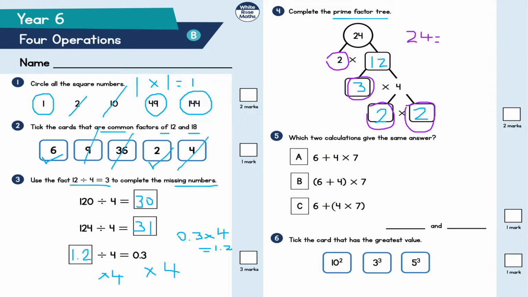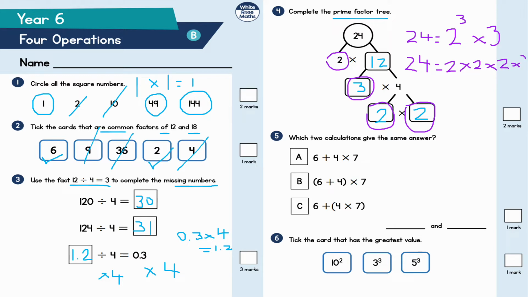2 times 3, or I can write it as 2 to the power of 3 times 3, because 2 times 2 times 2 can be written as an index, 2 to the power of 3. I'll write it out in full, just for those of you that are not quite sure what the index power means. So 24 is made up by timesing 3 2's together and then 1 3.